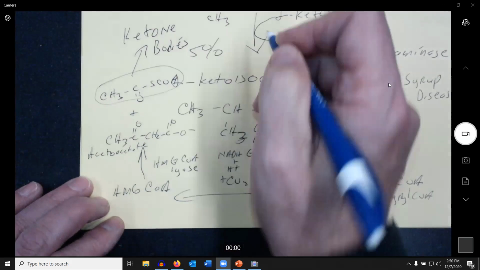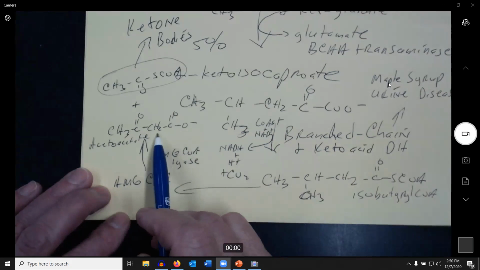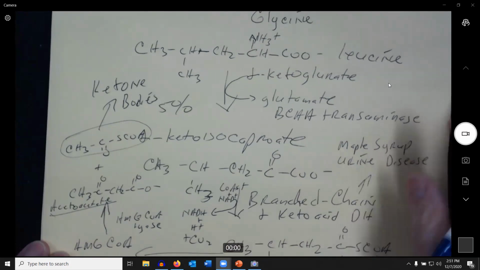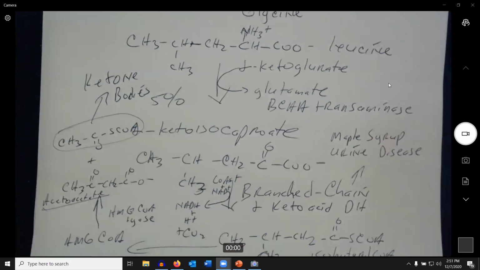It's only about 5%. This, of course, is a ketone body as well, acetoacetate. So leucine degradation can contribute to ketogenesis.